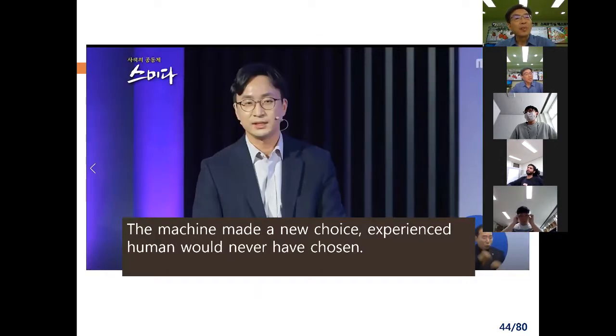Dr. Seoul asked him why he thought so, and he said the AI strategy involved a number of choices that humans would not have made. The machine made a new choice based on our data, a method that an experienced human would never have chosen.